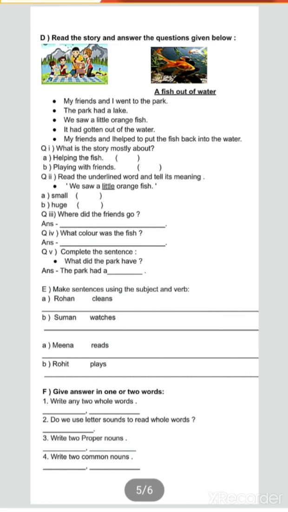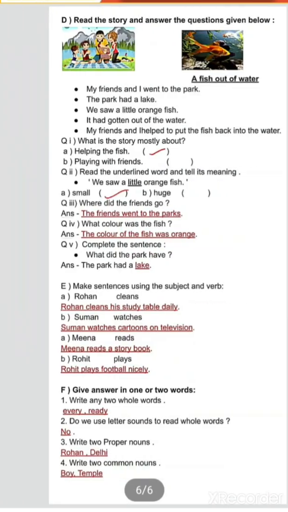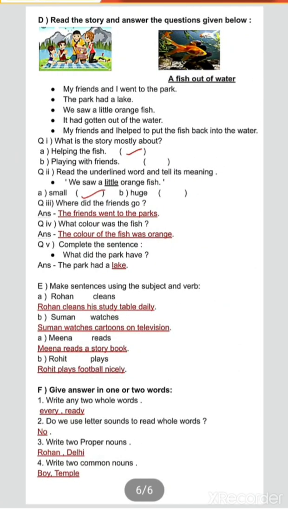Little means small. Look at the picture also. Here is a small orange fish in the picture. So we can think that little means small. We will tick small.